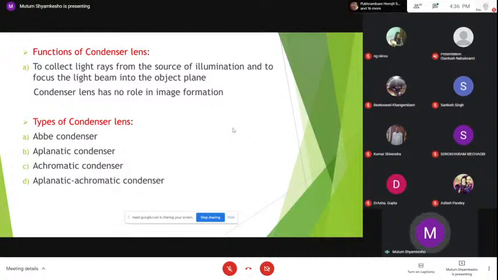The third is the achromatic condenser, and the fourth is the aplanatic achromatic condenser. The Abbe condenser is the simplest type of condenser, also the least corrected and the most widely used condenser. It is not corrected for any type of optical aberrations.